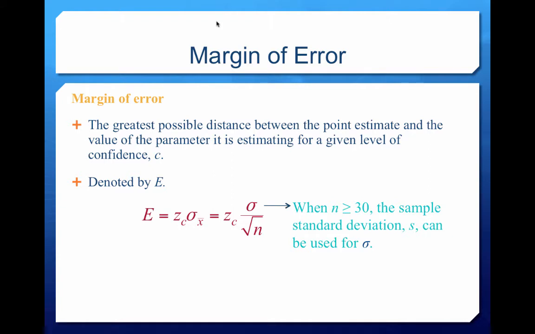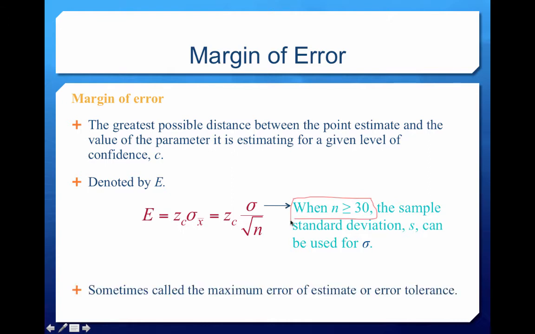Now, notice what I'm saying here. When n is greater than or equal to 30, this is something that's going to be very important. We're always going to have to make sure our sample size is greater than or equal to 30, because when it's not, there's something else we're going to need to do.